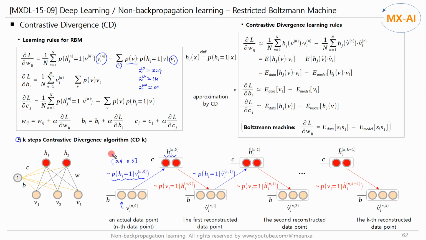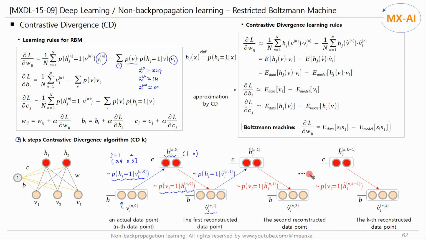If the probabilities for j being 1 and 2 are 0.9 and 0.3, then the vector H is likely to be 1, 0. Then using this H, we estimate the next V by sampling from this probability distribution.